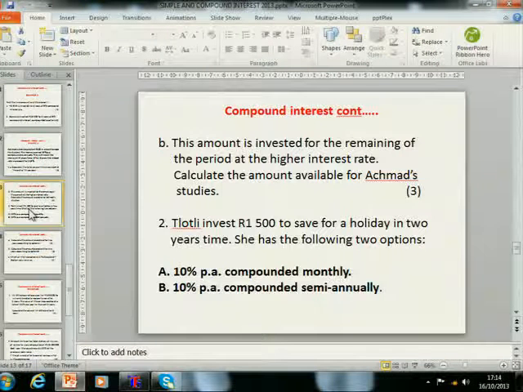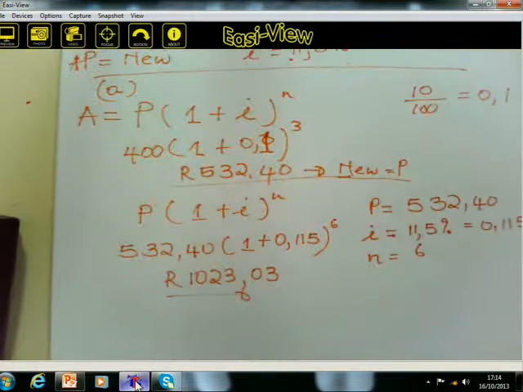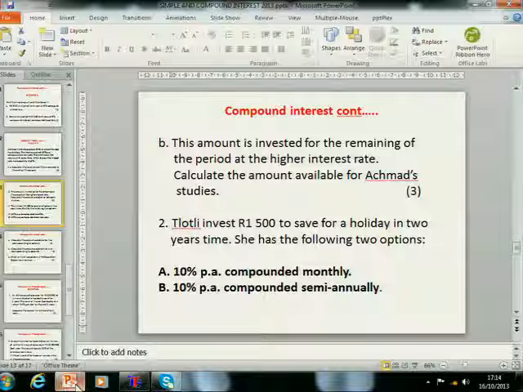Calculate the amount available for Ahmad's studies. So Ahmad's studies, he will have 1023 rand and 3 cents. Let's move to our next question.